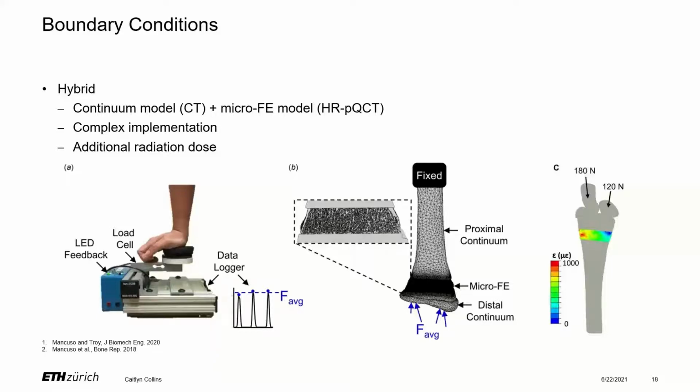The continuum model is usually generated from clinical CT data, so it's a much lower resolution, and then the micro-FE model is the standard position, and these are mapped onto one another such that you can more naturally transfer the loads through the radius and avoid these issues with additional or excessive load transfer through the cortex. However, this is a much more complex implementation, and it does require additional radiation dose for the patients.